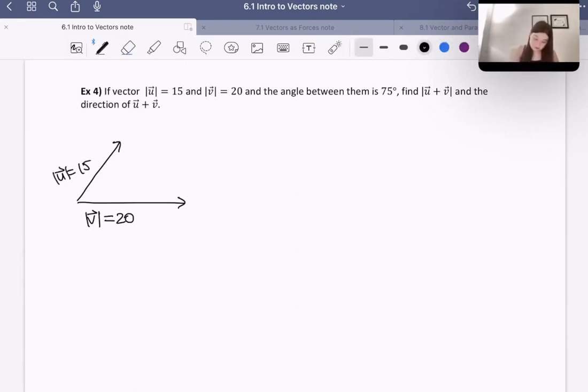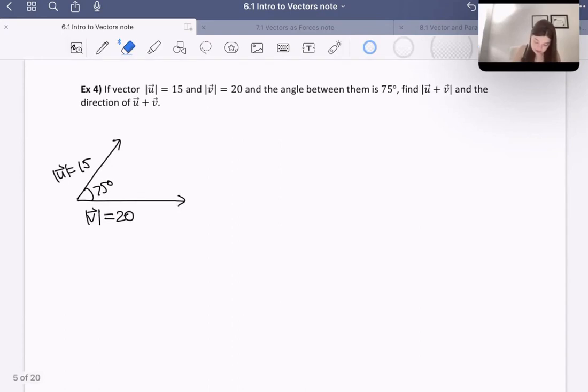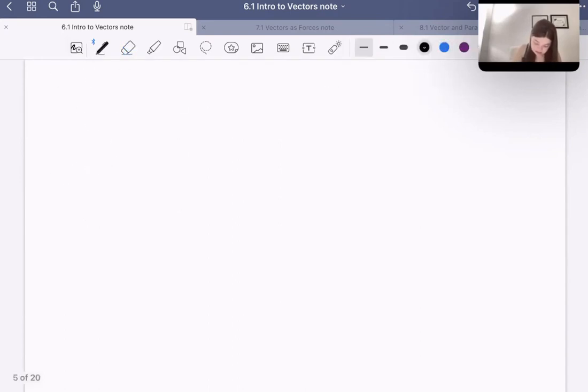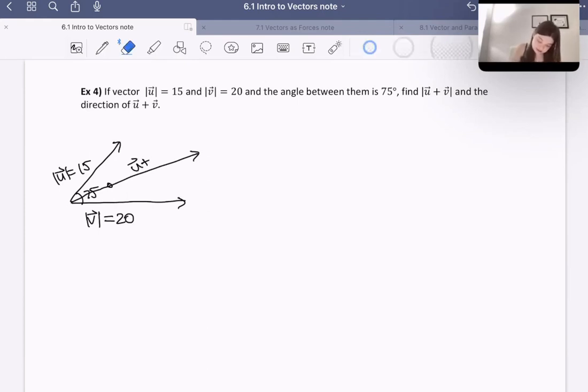And we know that we have a 75-degree angle between them. 75 degrees, there we go. And I would like to know, what is u plus v, right? What is my resultant here in this situation?